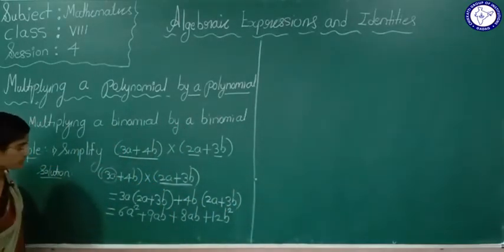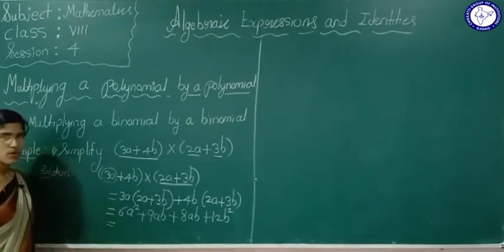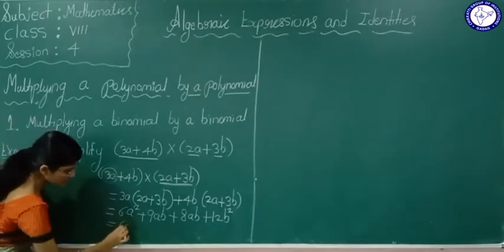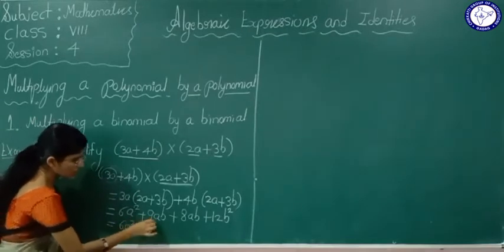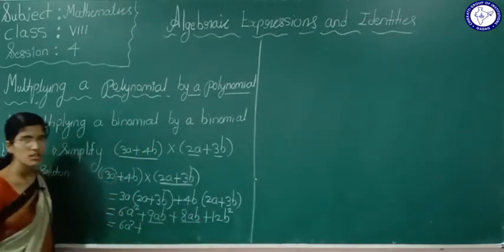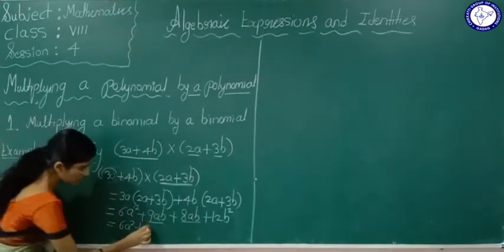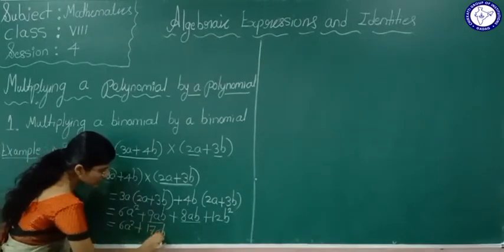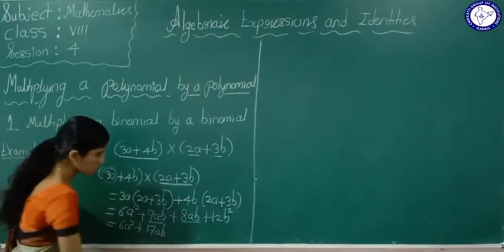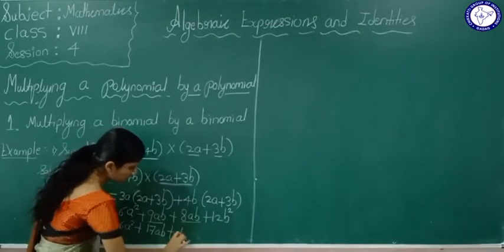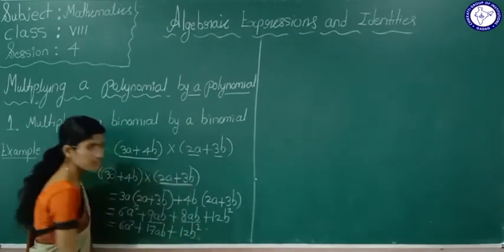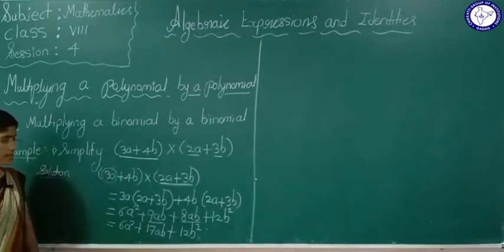Okay, now what will we do? See, like terms you have to add. Now see here, 6a square is there, plus 9ab plus 8ab is what? It will be 17ab. I told you that like terms can be added. Plus 12b square. Is it understood?